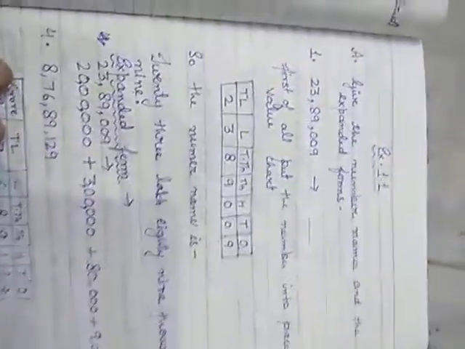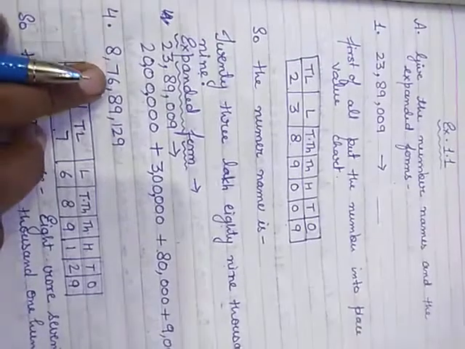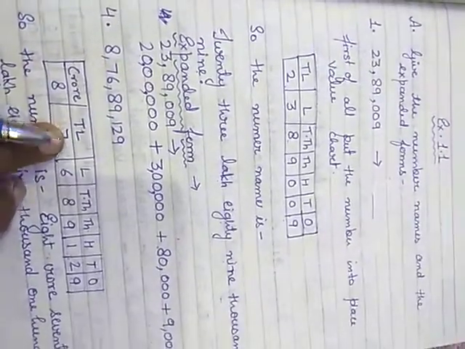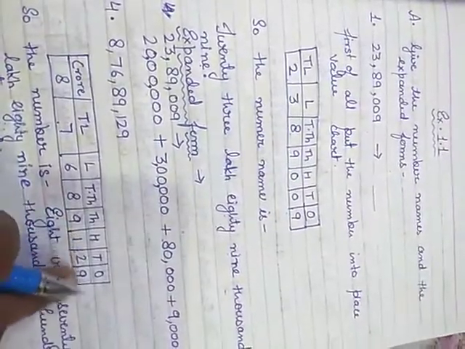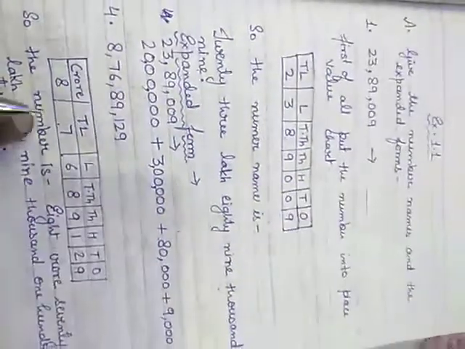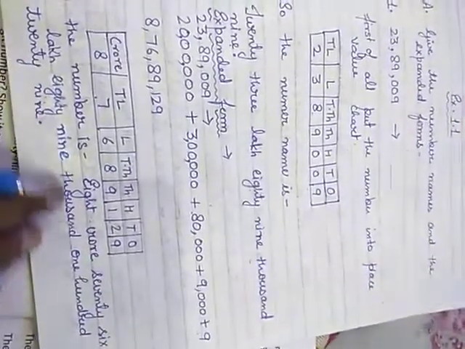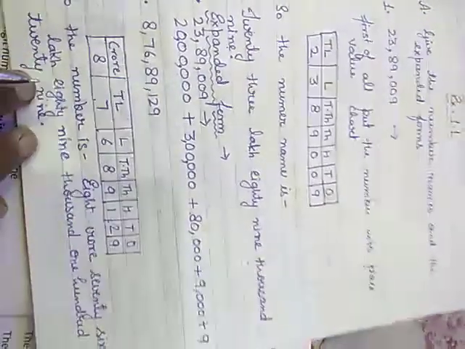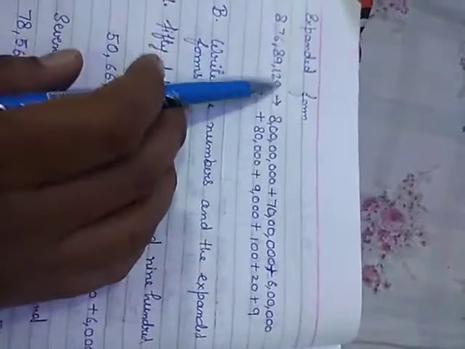In the same way, question number 4 is 8 crore 76 lakh 89,129. In the expanded form, we will count the number.